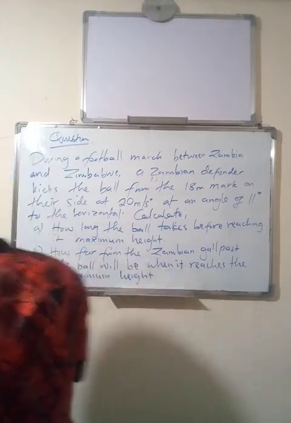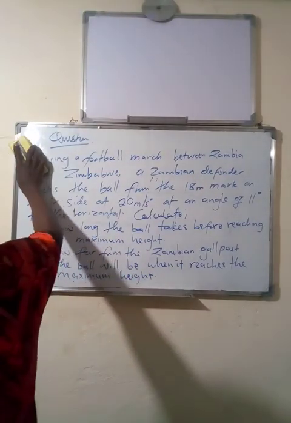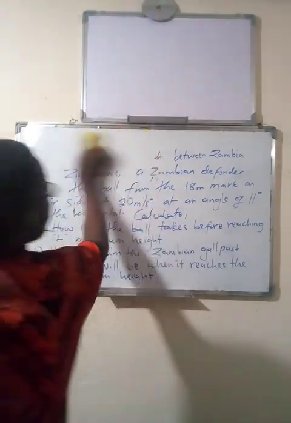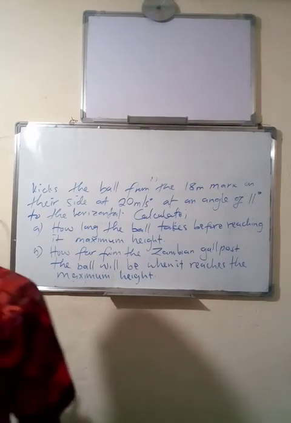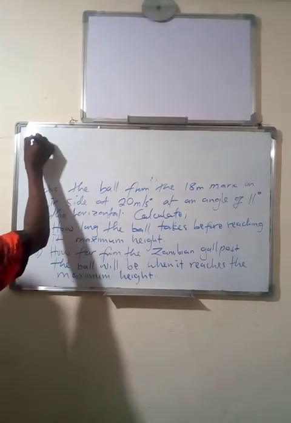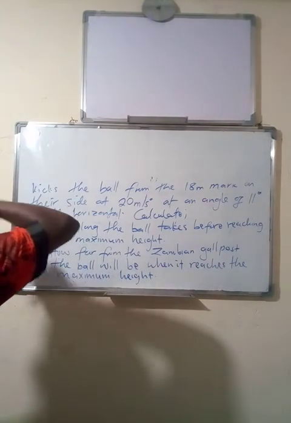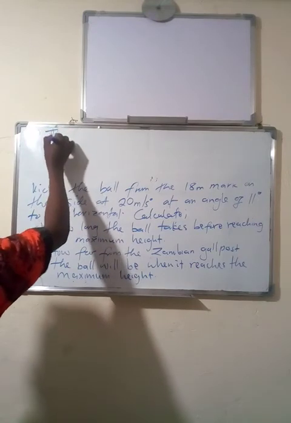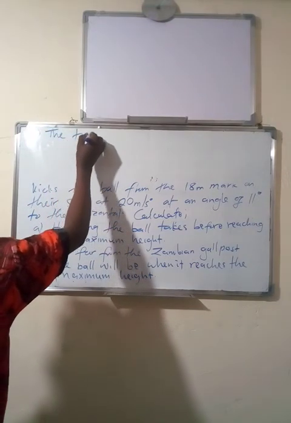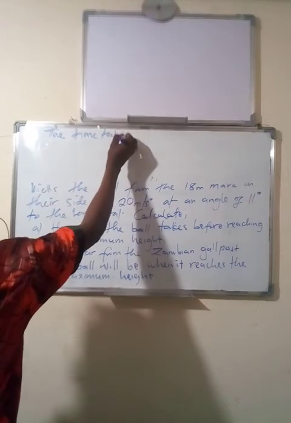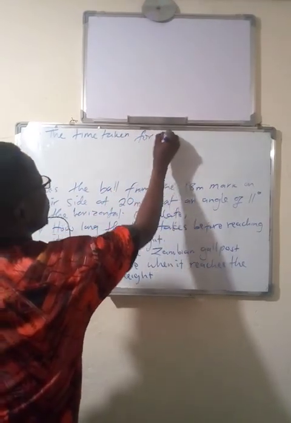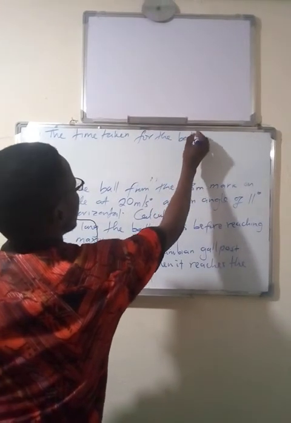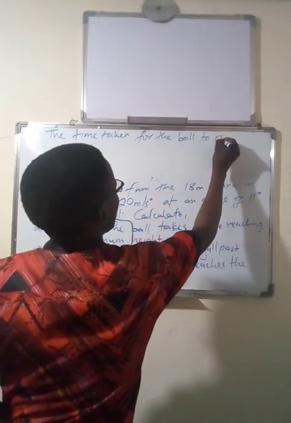Going to erase on top here. C, the time taken for the ball to reach the ground.